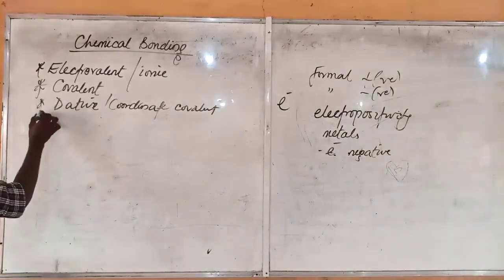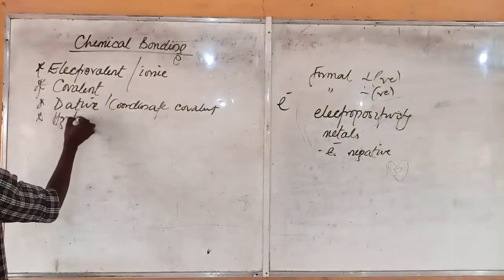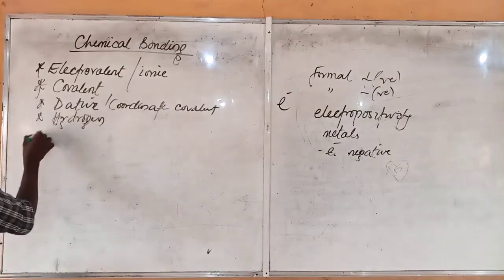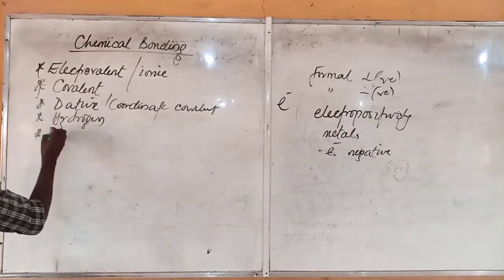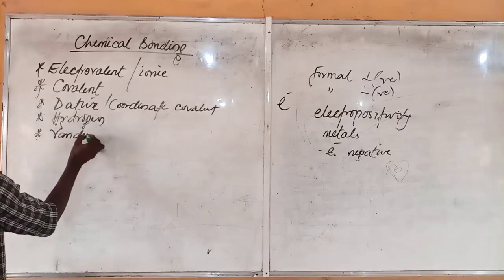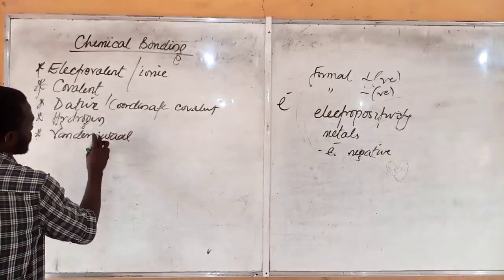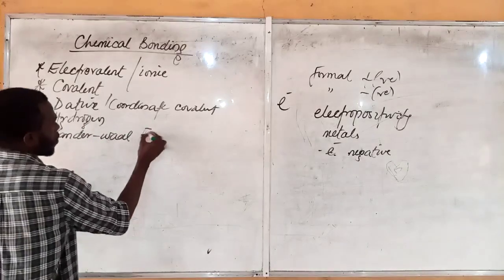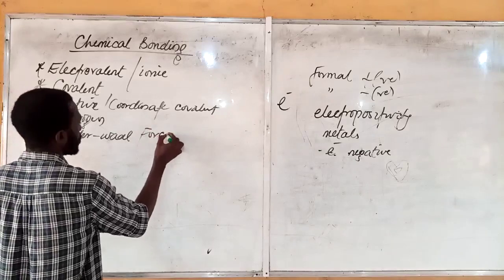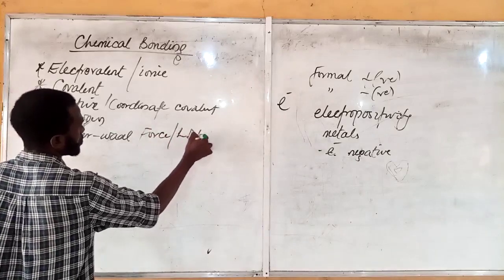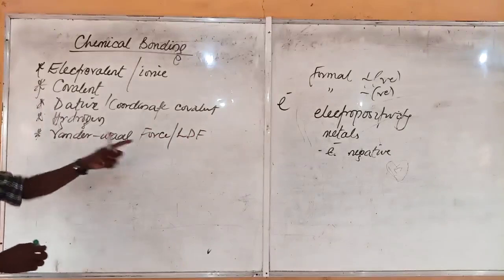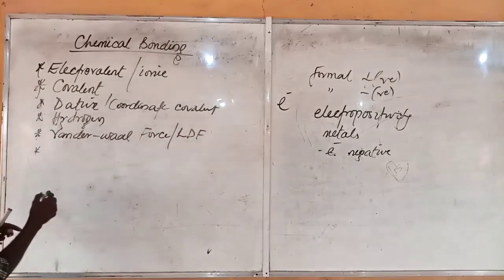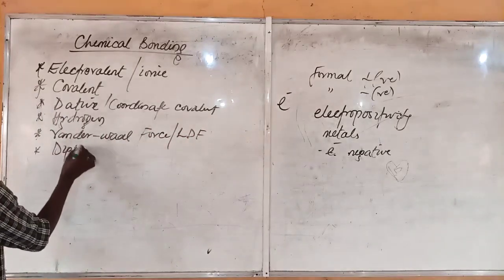Then there is also the hydrogen bond. And there is also the van der Waals forces, or you call them the London dispersion forces. And then we also have the dipole-dipole interaction.